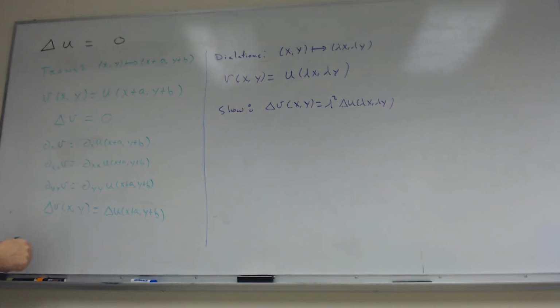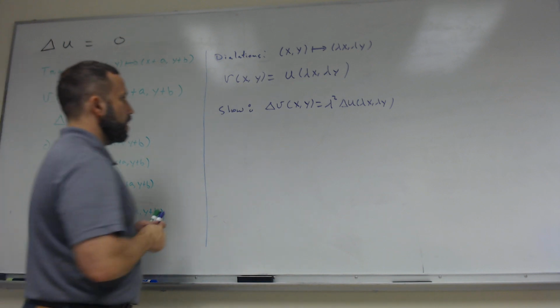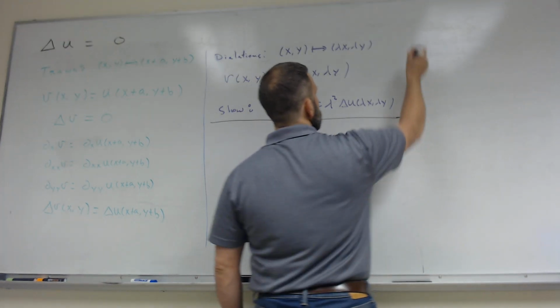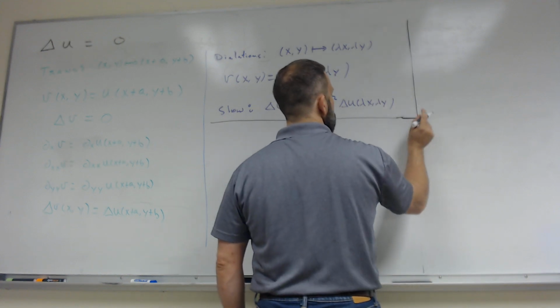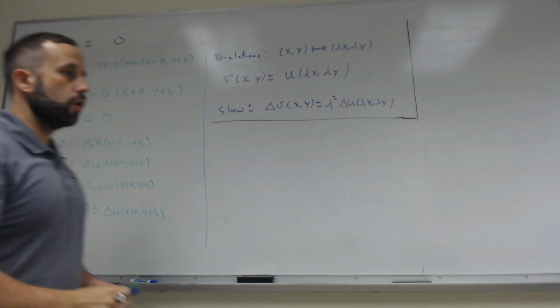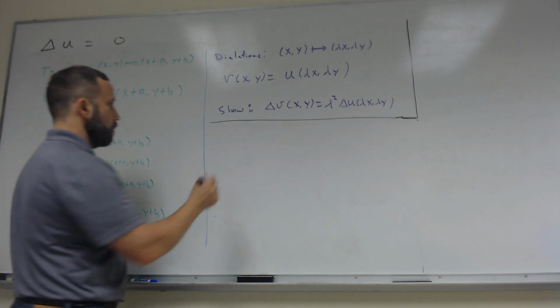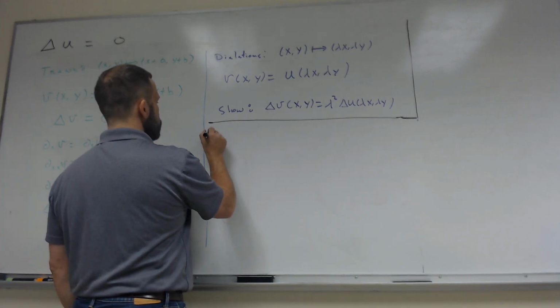Okay, so now the next thing that I want to look at is invariance under rotations. And this is what I'm asking you to show in the homework. It's going to show the equation is invariant under rotations, and it's going to be invariant in this same sense here.